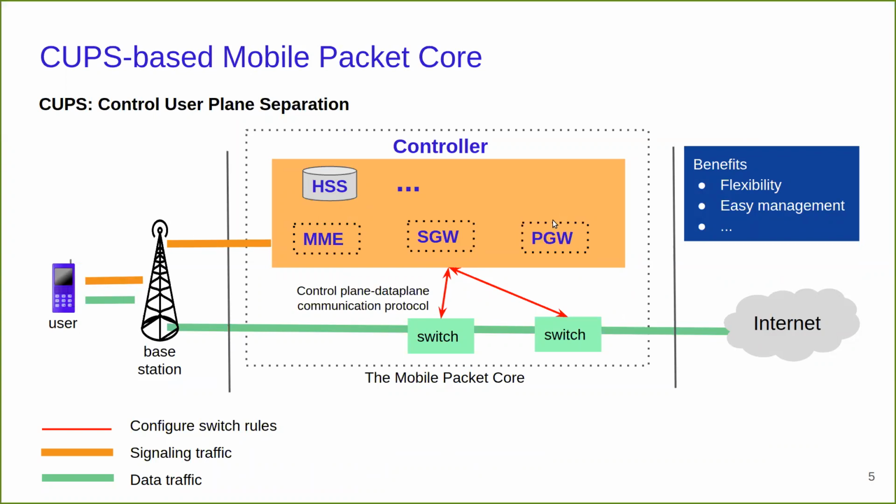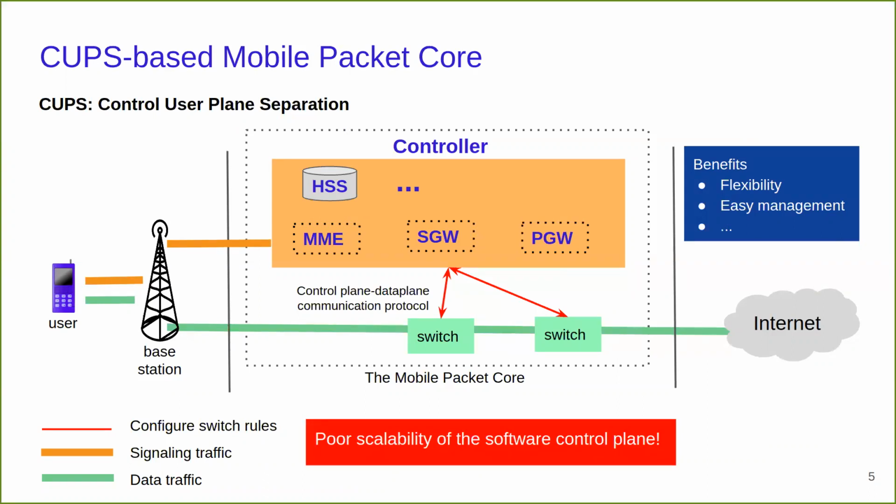The CUPS-based architecture improves the flexibility and eases management and configurations. But SDN control plane scalability is a known challenge. Also, the 4G control plane is unable to meet the throughput and latency demands of exponentially growing mobile users.